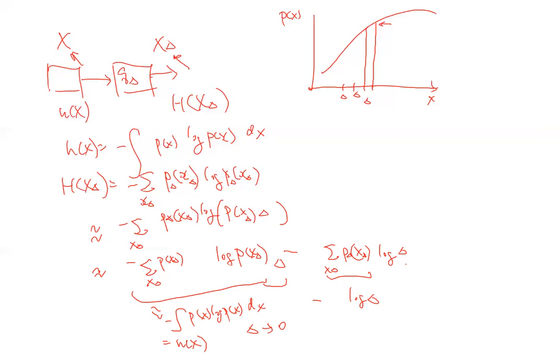So in conclusion, hx delta is approximately equal to hx minus log delta. I don't have any physical meaning for the differential entropy yet, but if I quantize it, I can relate it to reality.